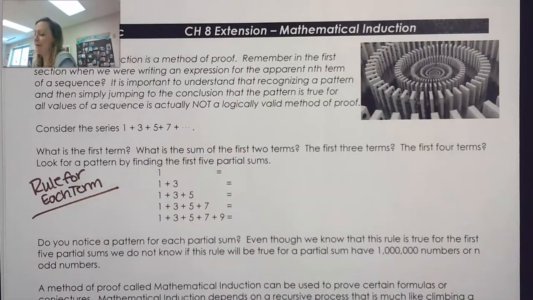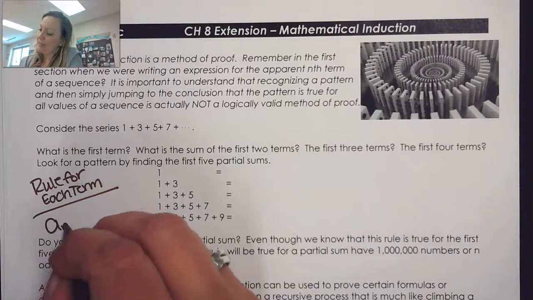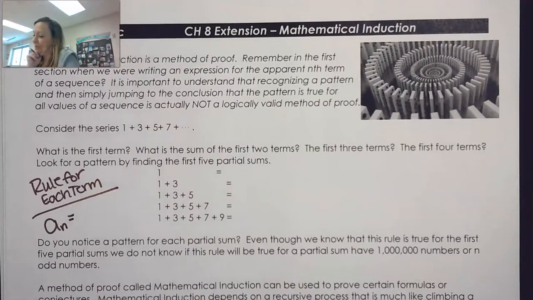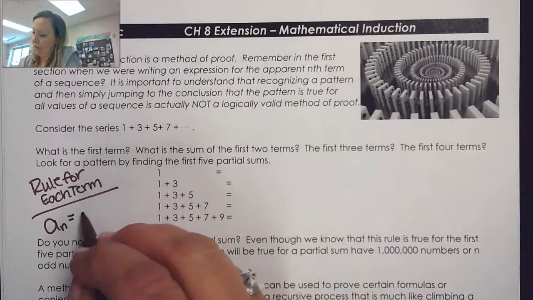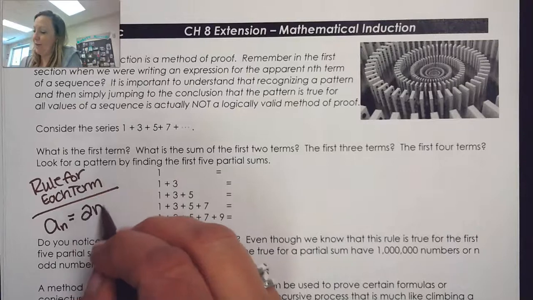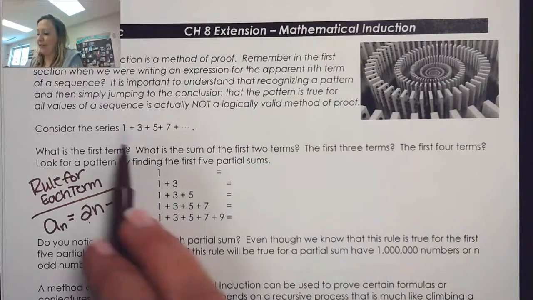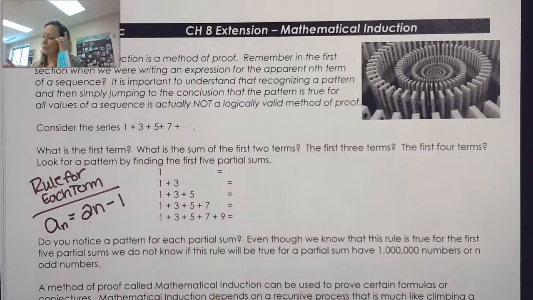So first, is that arithmetic or geometric, or neither? Arithmetic. So let's use that to write a specific rule. Based on the work we've done, what would that rule be? 2n minus 1. 2 is our common difference, and our a sub 0th term would be -1.